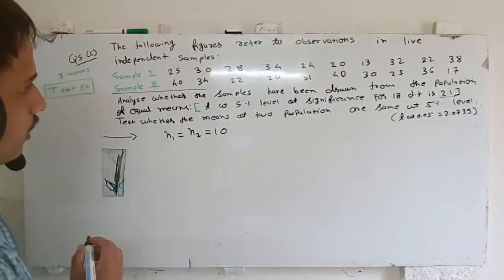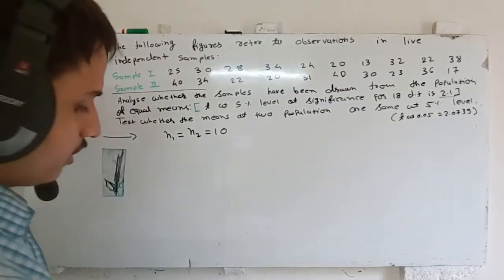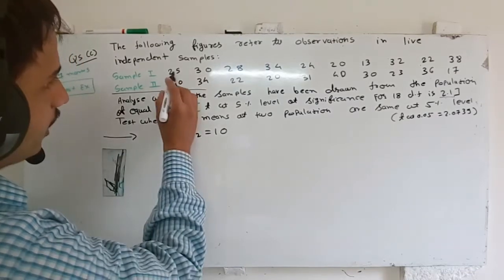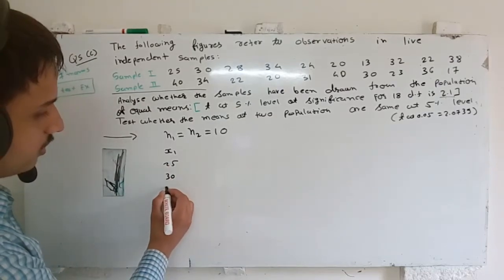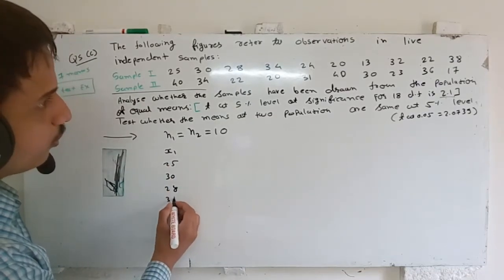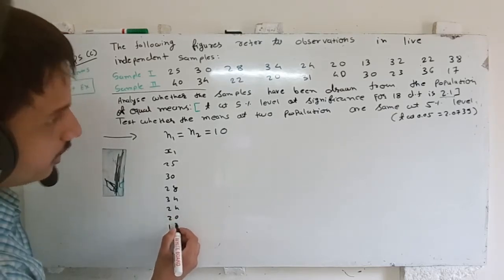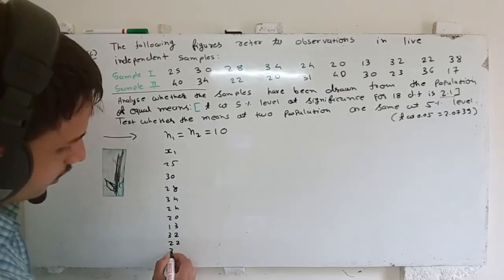So for sample 1 we will write the datas: 25, 30, 28, 34, 24, 20, 13, 32, 22 and finally 38.